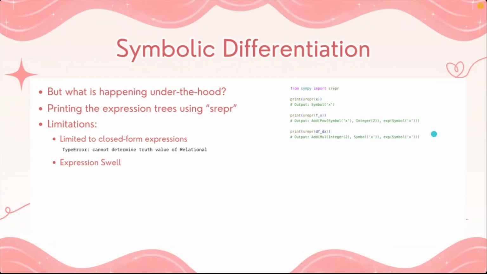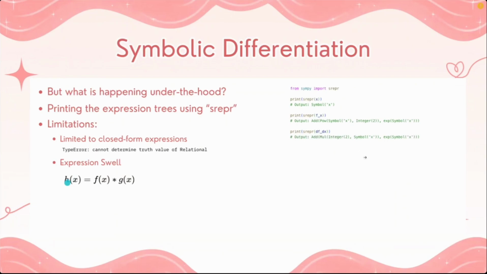Another problem that is very infamous with symbolic differentiation is something called expression swell. Let's say you have a function hx that is dependent on two functions multiplied together.